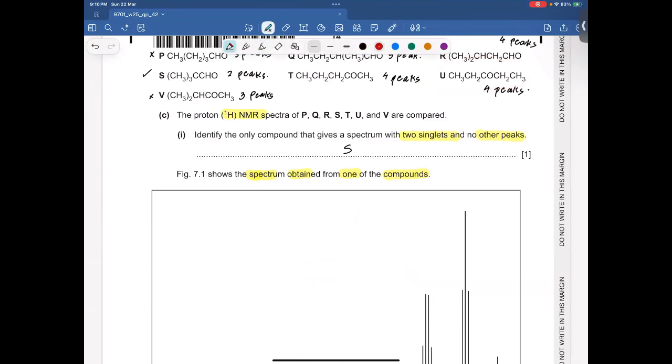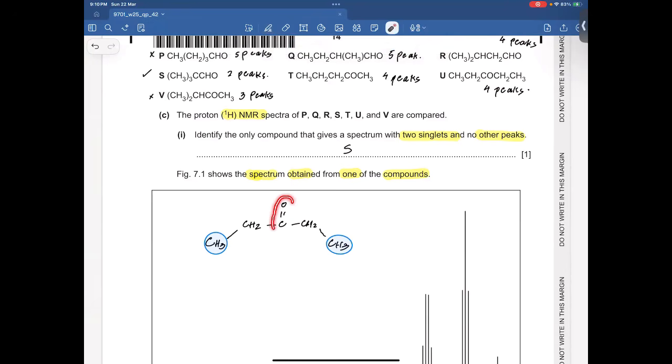Let me give you the example. This is CH3, this is CH2, this is CO, this is CH2, and this is CH3. Okay, now see, both these 6 hydrogens have the same chemical environment because these 6 hydrogens are attached at the same distance with respect to this carbonyl group, okay?